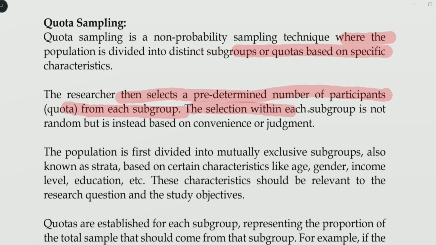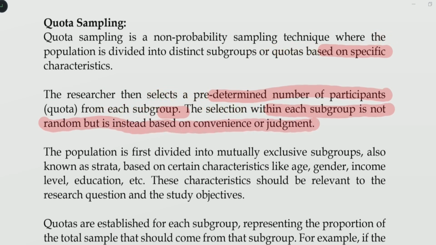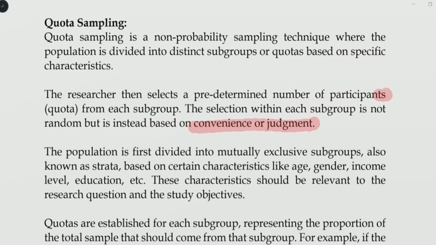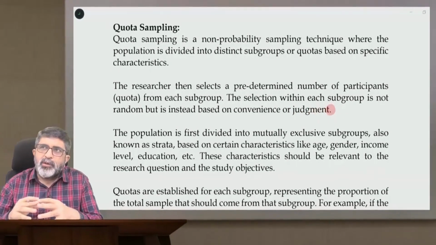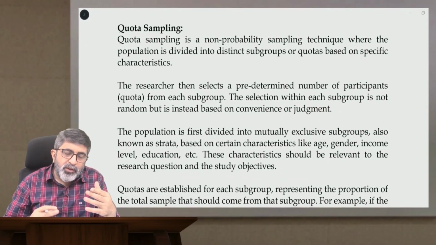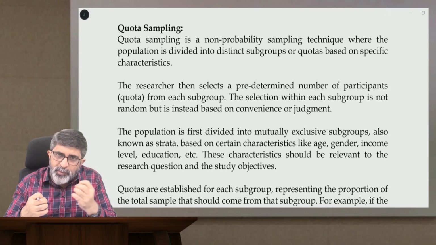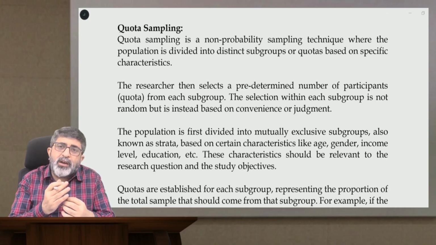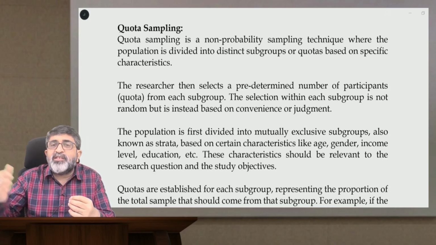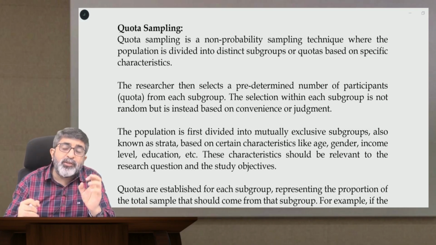The selection within each subgroup is not random but is instead based on convenience or judgment. That means here you are using partially the aspects of convenience and judgment sampling, but you are putting it to a certain limit which we can call as quota.